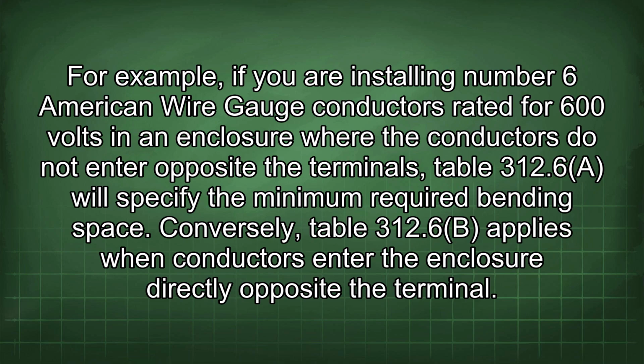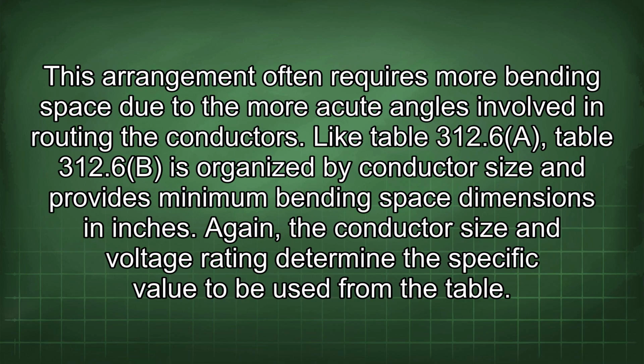Conversely, Table 312.6(B) applies when conductors enter the enclosure directly opposite the terminal. This arrangement often requires more bending space due to the more acute angles involved in routing the conductors. Like Table 312.6(A), Table 312.6(B) is organized by conductor size and provides minimum bending space dimensions in inches.